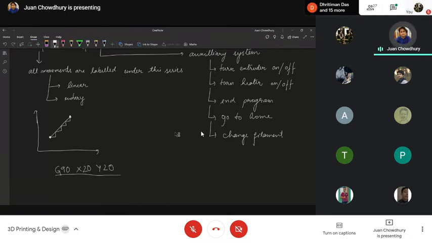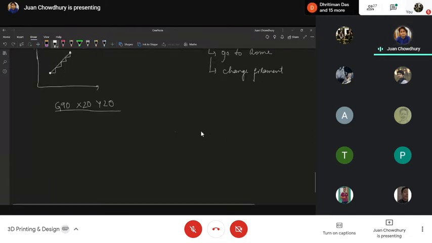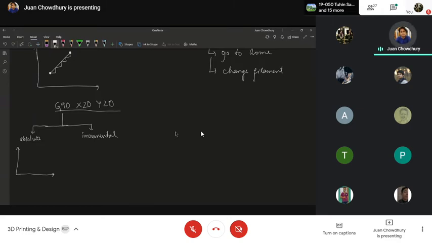Then comes the concept of interpolation. There's something called absolute interpolation and incremental interpolation. What's that? What's with absolute interpolation? Absolute interpolation assumes that all the reference points of a 2D layer will be based upon the original Cartesian coordinate system.